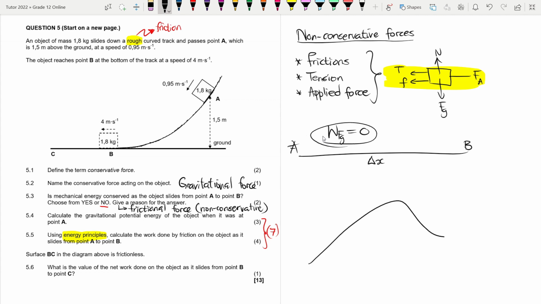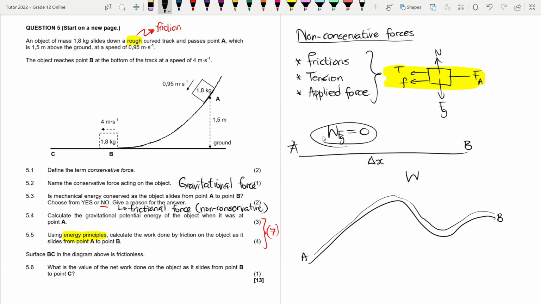But if I take a path like this, we can calculate the total distance from point A to point B, and the work done by friction, tension, and applied force is going to depend on the whole distance. So it's going to be larger as the distance is larger.